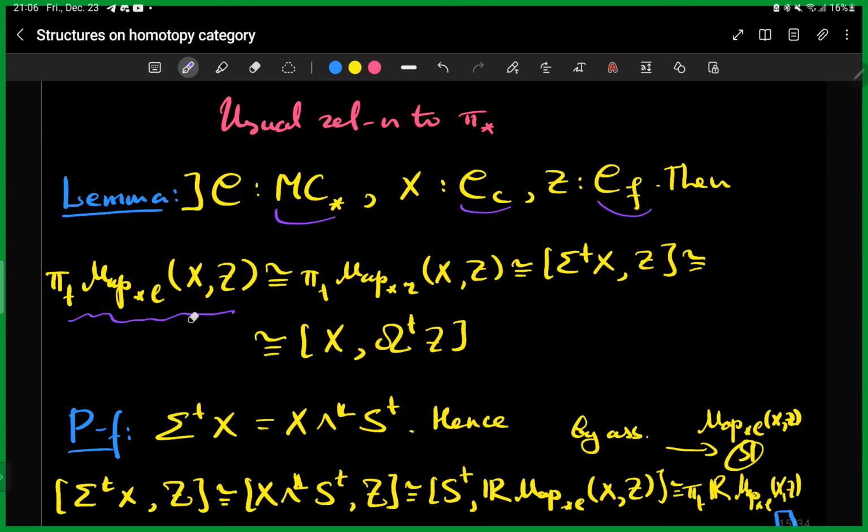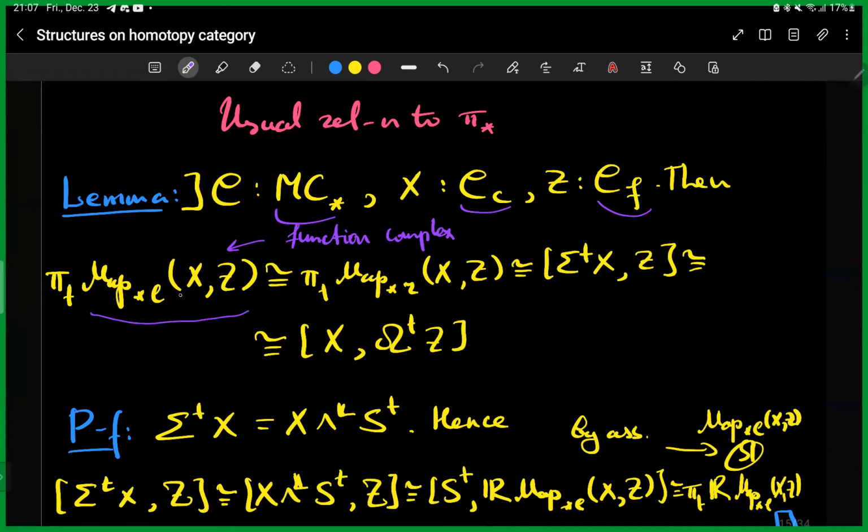So if we take homotopy groups of this mapping space between X and Z, that's, I forgot to mention this, but this is usually called the function complex. For some reason, I referred to it as internal hom. It was completely baseless. Of course, it's a function complex. So it's basically a homotopy type of a space of maps between X and Z.